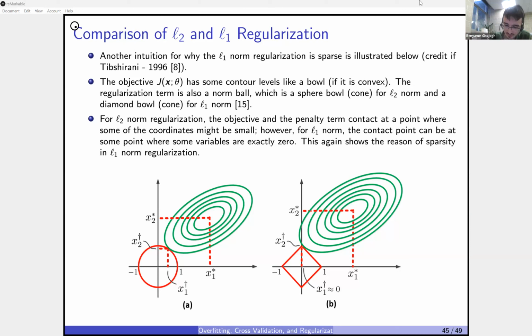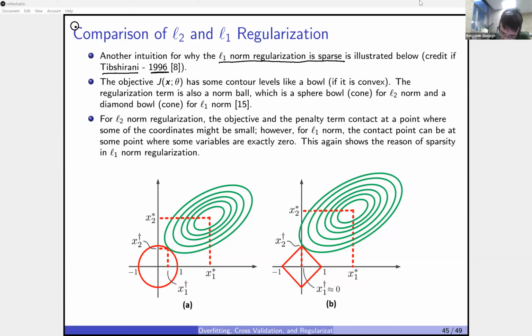Okay, comparison of L2 norm and L1 norm regularization. We talked about L2 norm and L1 norm regularization. Now let's compare them. Another intuition for why L1 norm regularization is sparse is illustrated here. It's credit to Tibshirani in 1996, reference 8, when he proposed lasso regularization in that paper.